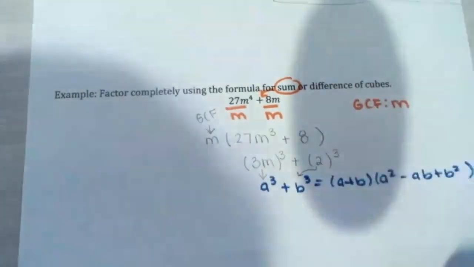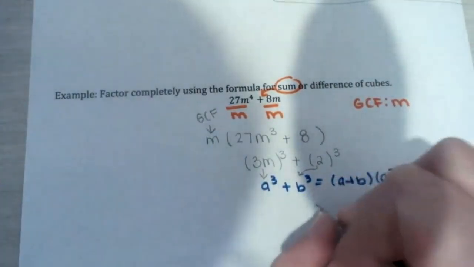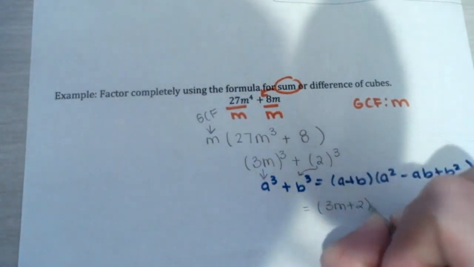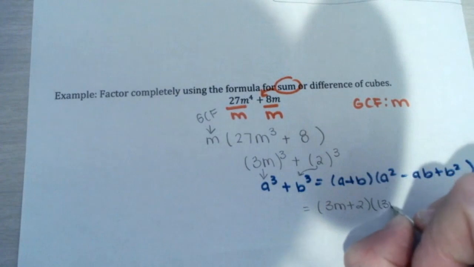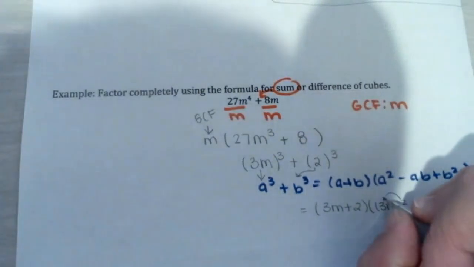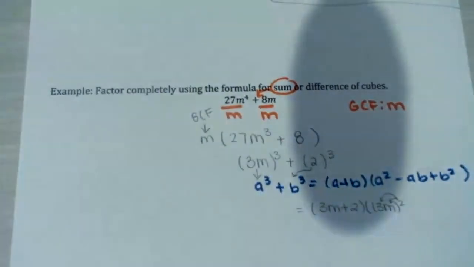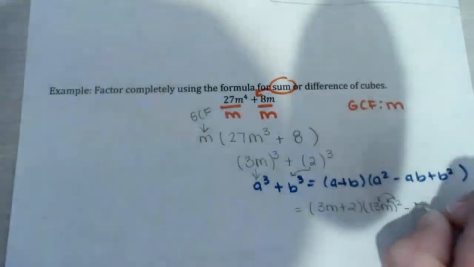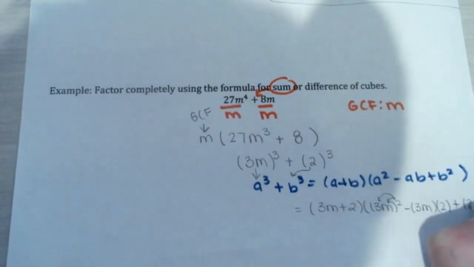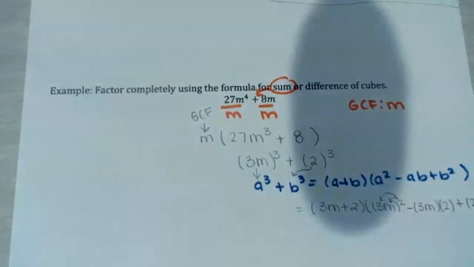Wherever I see a b, I'm going to put in 2. So we have a, which is 3m, plus b, which is 2, times a, which is 3m squared, 3m times 3m. So make sure to put it in parentheses. That way that squared goes to both the 3 and the m. Minus a, which is 3m, times b, which is 2, plus b, which is 2 squared.